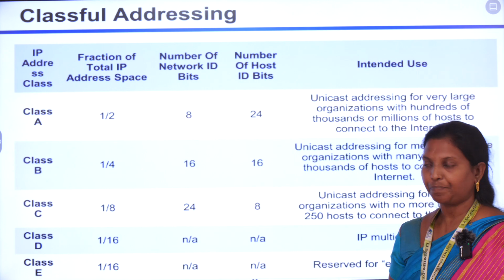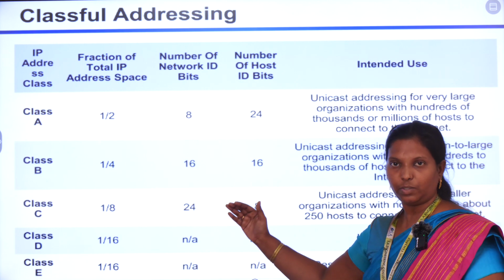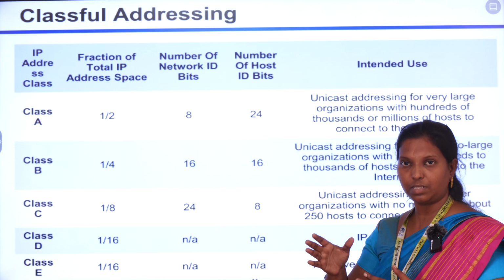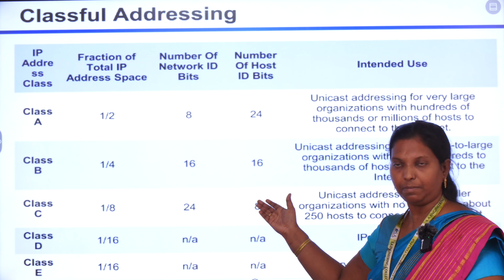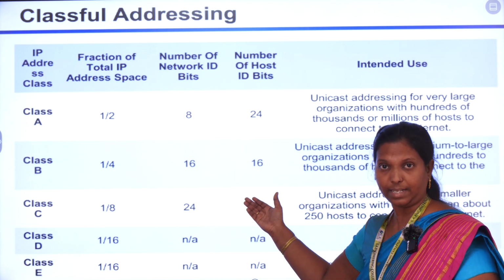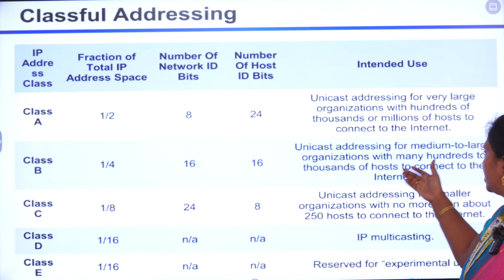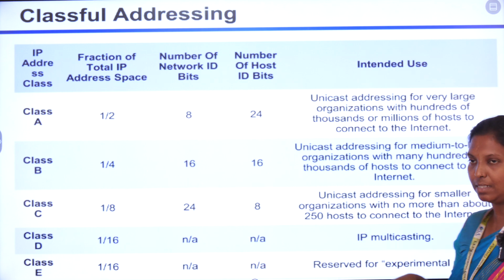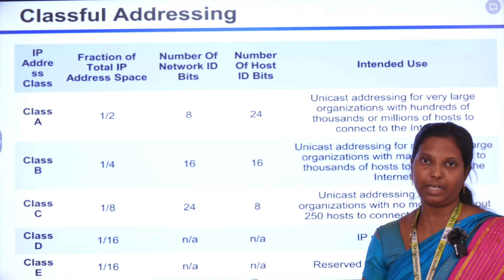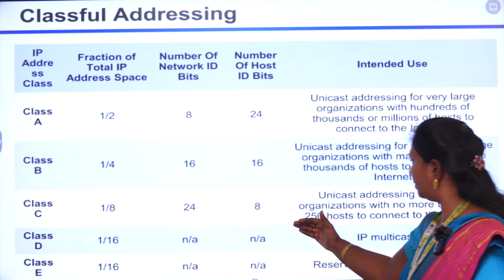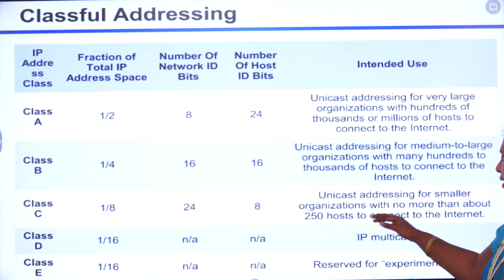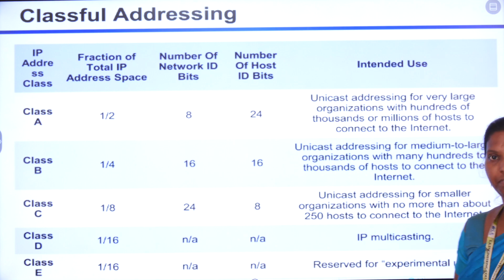Then for class B, I told you the network ID will be the first two octets of 8 bits each, and the host ID the second two, so this is 16 and 16. Medium-sized organizations with hundreds of hosts can use class B addressing. Then class C is unicast addressing for smaller organizations with about 250 hosts.